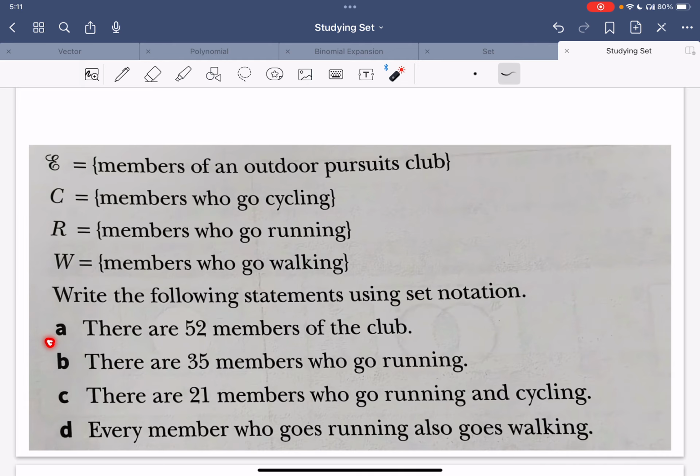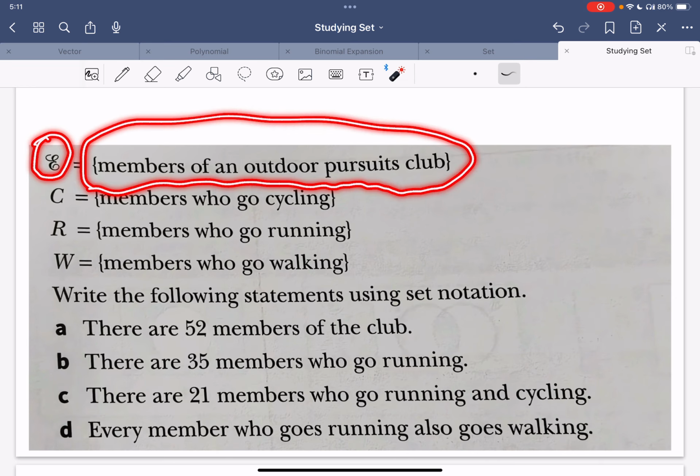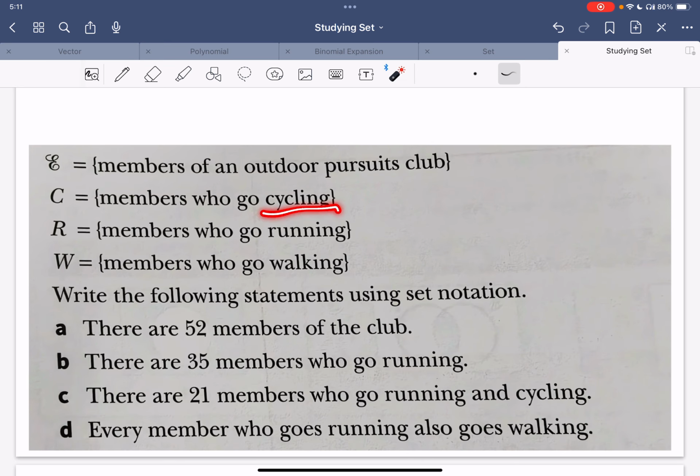So option A. In total, there are 52 members of the club. So what is the universal set? In this question, it defines the universal set to be the members of an outdoor pursuits club. We can do different activities, but all of them are about the outdoor activities club. So how can we use different notations?